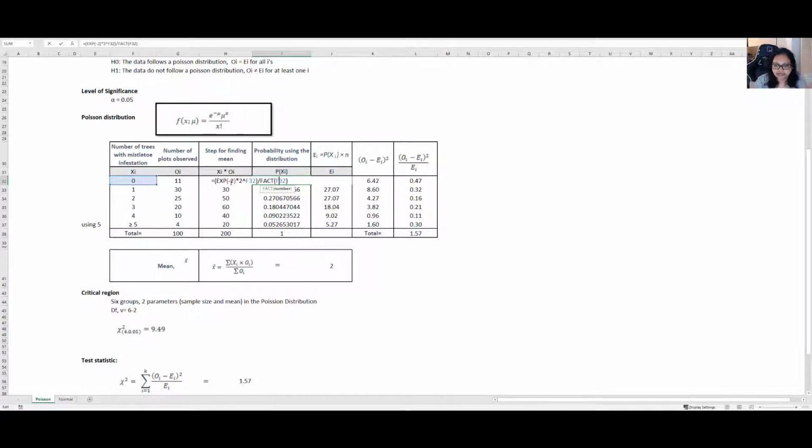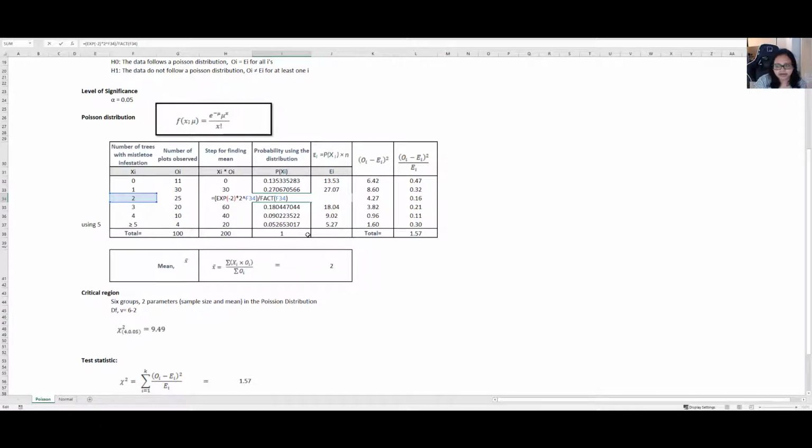So every time I use the mean, that means e to the power negative 2, multiplied by 2 to the power x value. For each of them I've used the equation: e to the power minus 2, and then 2 to the power the x value, divided by factorial x.